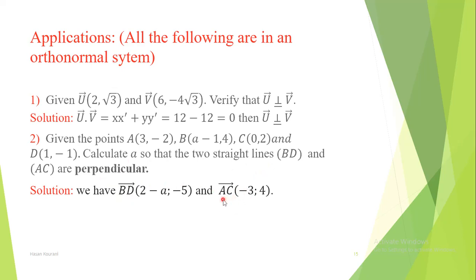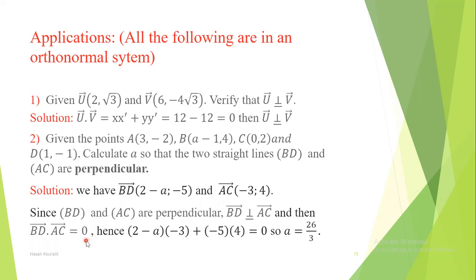This leads to BD and AC as vectors being orthogonal. The geometric angle will be orthogonal. And using the equivalence as above, if two vectors are orthogonal, then their dot product, their scalar product, will be what? Will be 0.